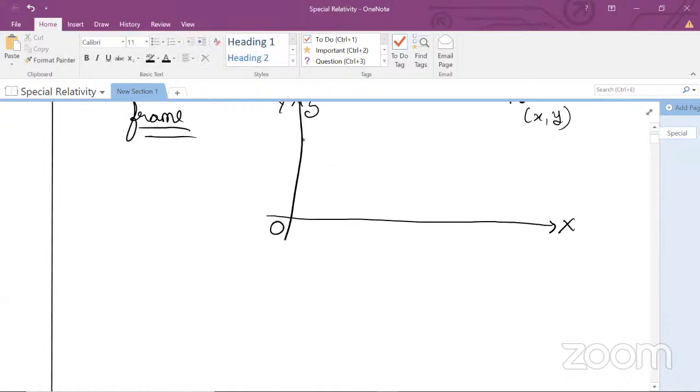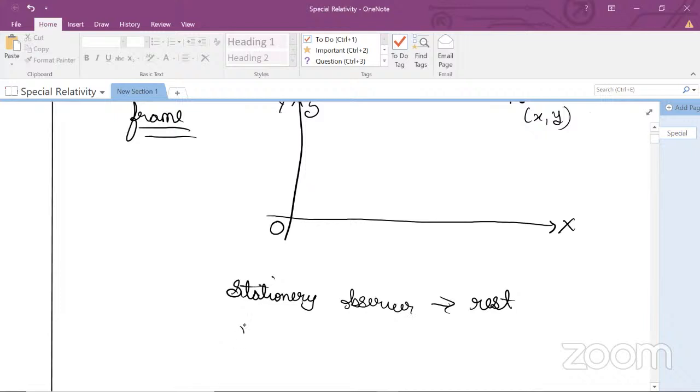If this coordinate system is moving, consider there are two people. One person is stationary and the other person is moving in a car. The person who is stationary, we will term him a stationary observer. So who is a stationary observer? One who is at rest. And who is a moving observer?